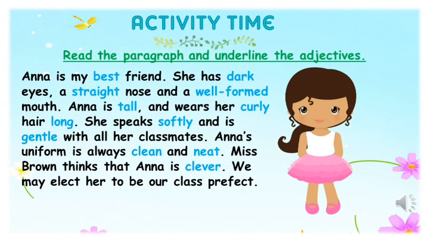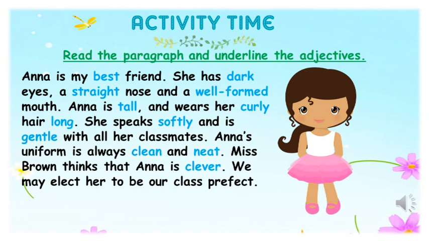Okay students, now I am going to share the adjectives that I found in this paragraph. Anna is my best friend. Do you see the adjective in this sentence? Best. The adjective best describes things.